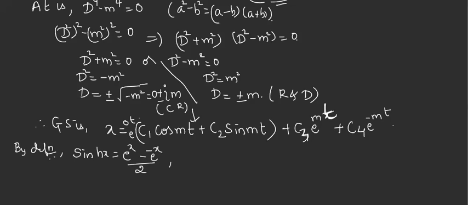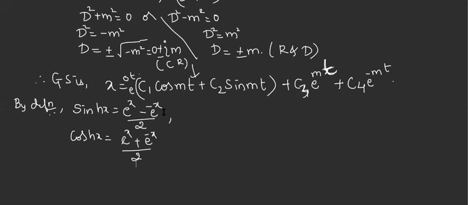And cos hyperbolic x is the same, but in between there is a plus. The change is that here there is a minus, and there there is a plus. This is the definition of hyperbolic in terms of exponential. Are you understanding?